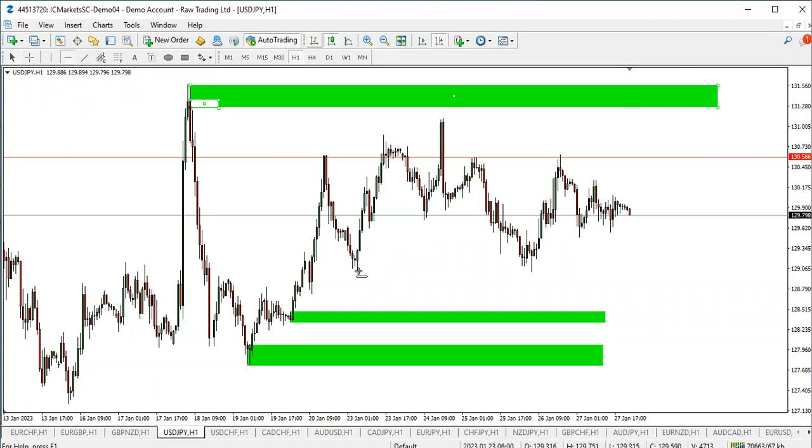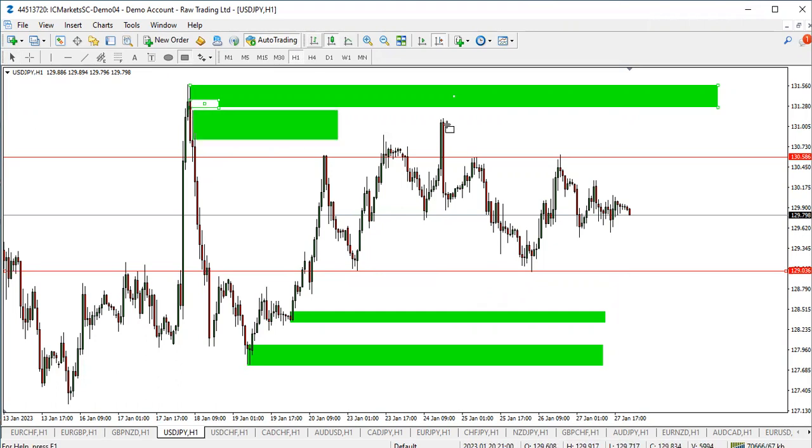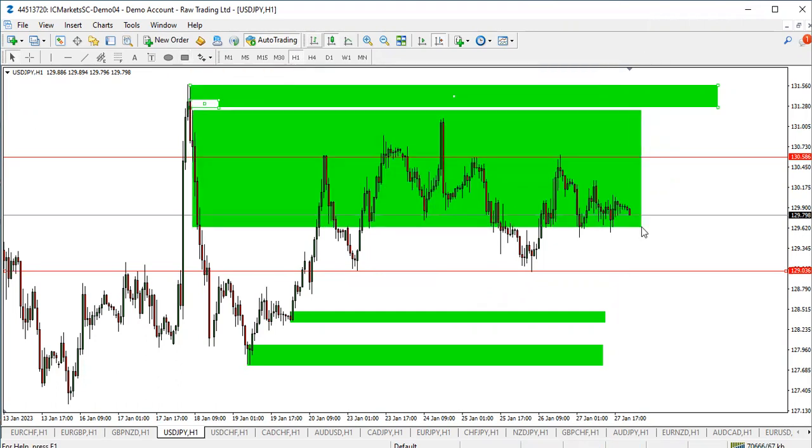For the buy area, the retail trader sees this as a strong area of support, rejecting with the wicks. 1, 2. Notice this from here to here.